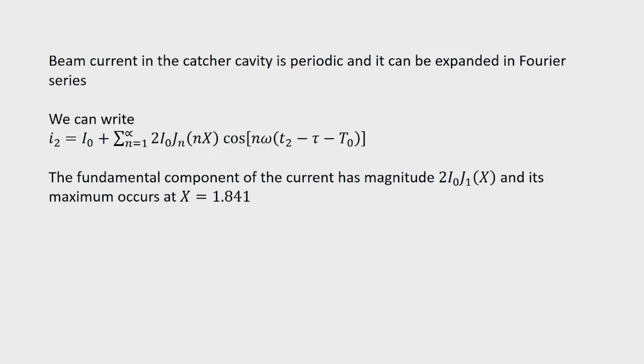So, J1(x), the first order Bessel function, attains its peak value for x equal to 1.841.